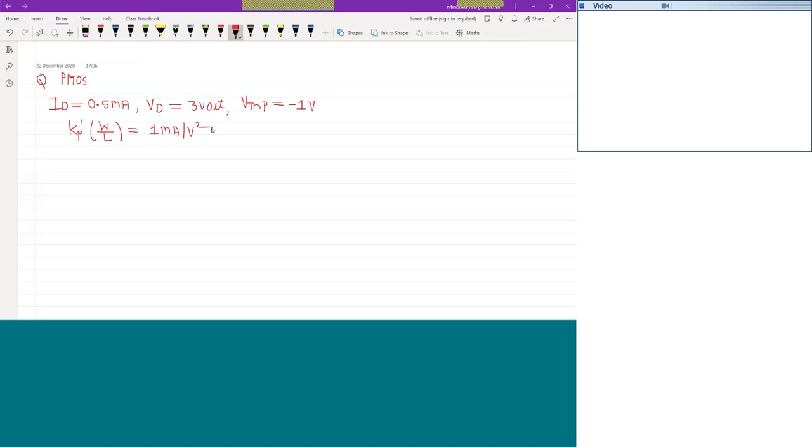This is also given. तो आपको बताना है the largest value of RD can have while maintaining the saturation. The largest value, है ना, मैं सर्किट भी बना देता हूँ.